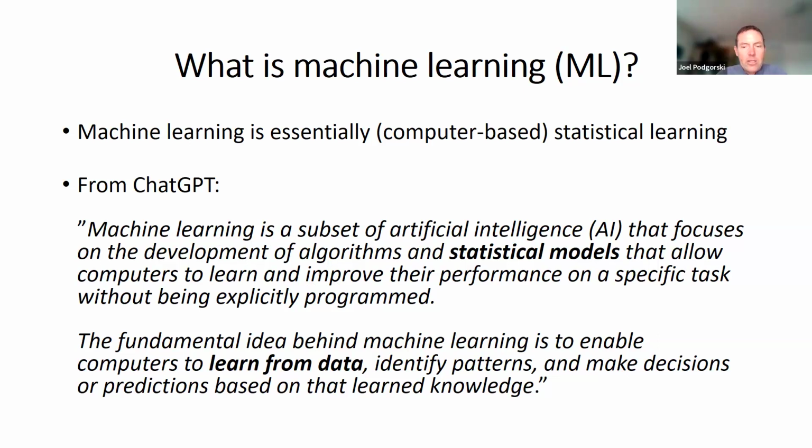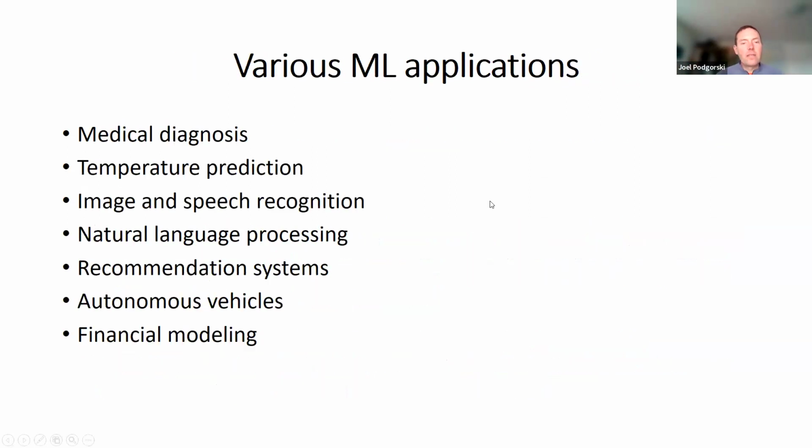The fundamental idea behind machine learning is to enable computers to learn from data, identify patterns, and make decisions or predictions based on that learned knowledge. Again, something in theory we could all do ourselves, but when you're looking at a lot of data, it becomes untenable. It's too much, and so we use the computers for that.